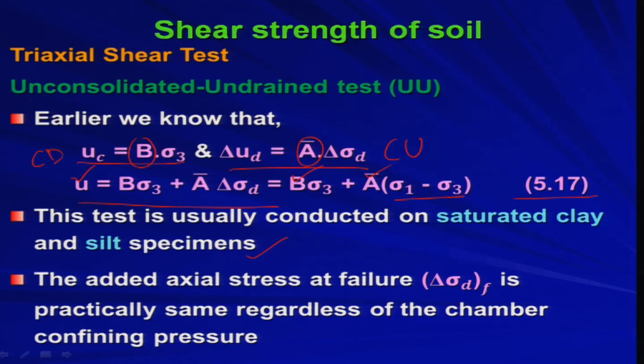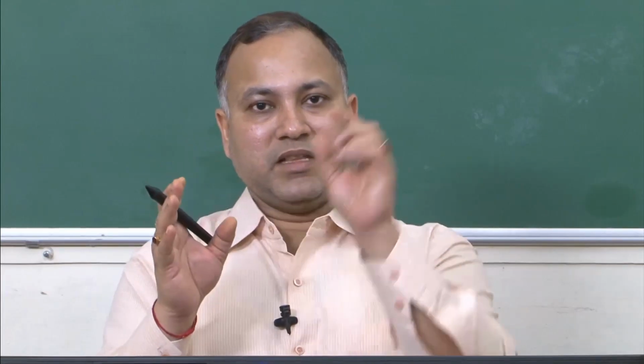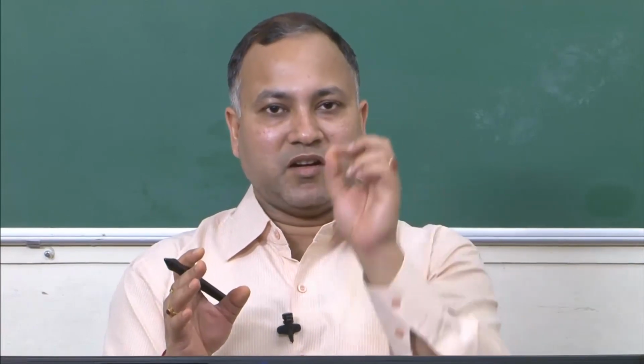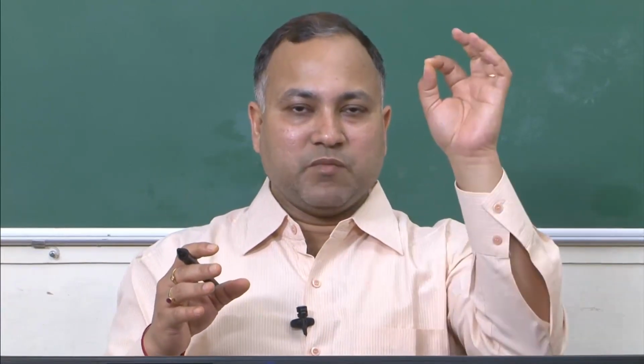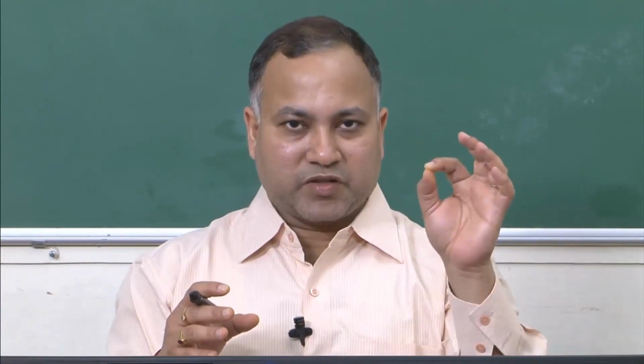Basically, σ1 minus σ3 is nothing but Δσ_d, agreed. That is the difference between the major and minor principal stress. At failure, whatever σ1 you are getting is the major principal stress, and σ3 is constant during the test.